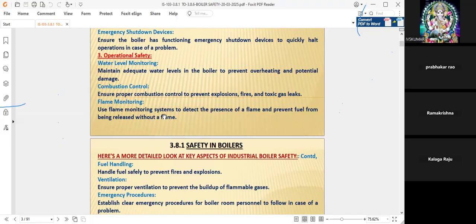We have to verify the nozzle of the burner is good. If too much oil goes through the nozzle and spills at the tip itself, it causes a fire explosion, so this has to be taken care of. That's why burner technique is also important. That is called flame monitoring.